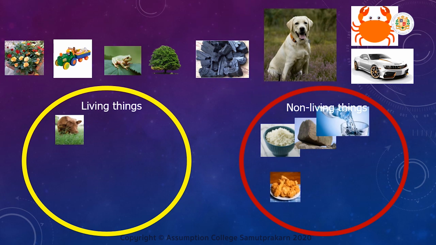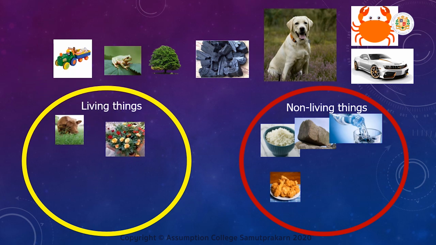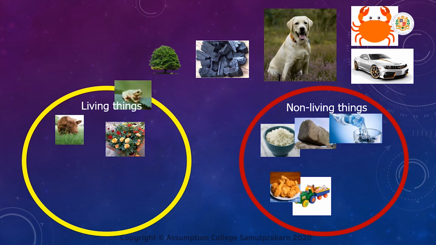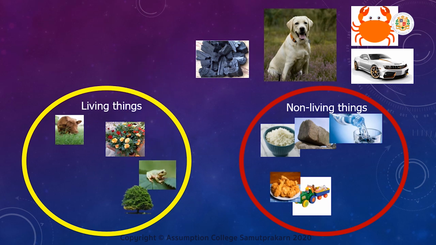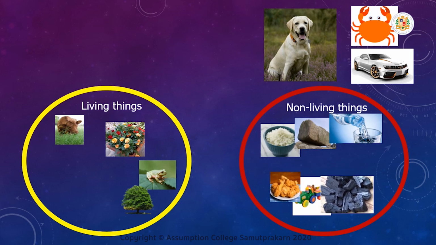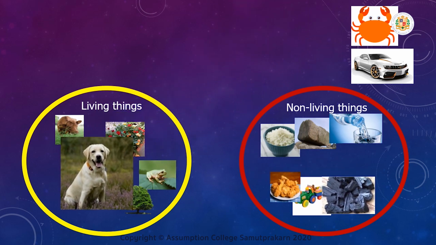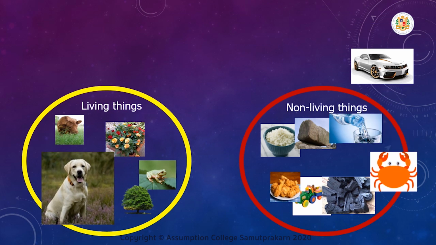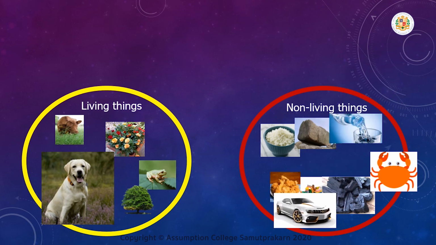Water, non-living thing. Roses or flowers, living thing. A toy, non-living thing. Frog, living thing. Tree, living thing. Coal, non-living thing. A dog, living thing. A crab, that crab is non-living thing because it's just a picture, and the car is a non-living thing.